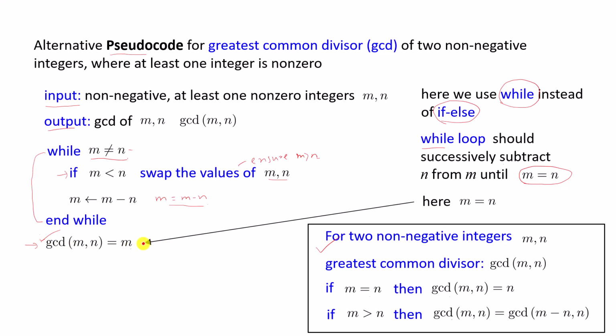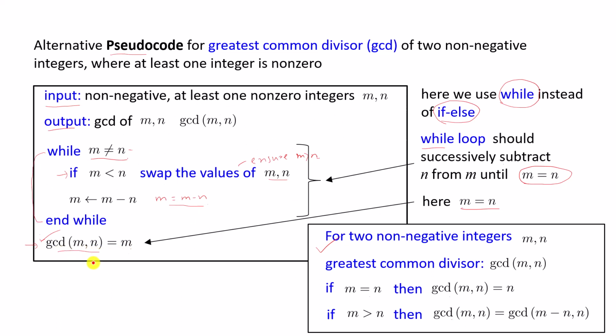So essentially this m, you can write as m or as n. That is the GCD. Okay. So in this part, we are successively changing the value of m until m equals n, and here, when m equals n, we have reached the GCD.